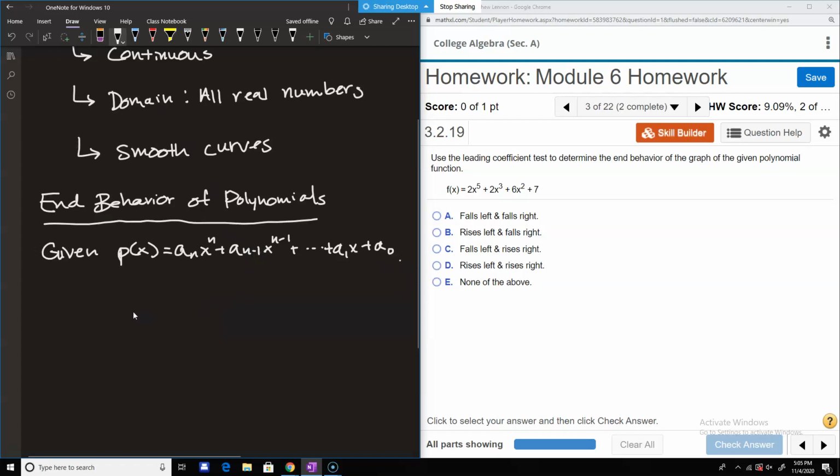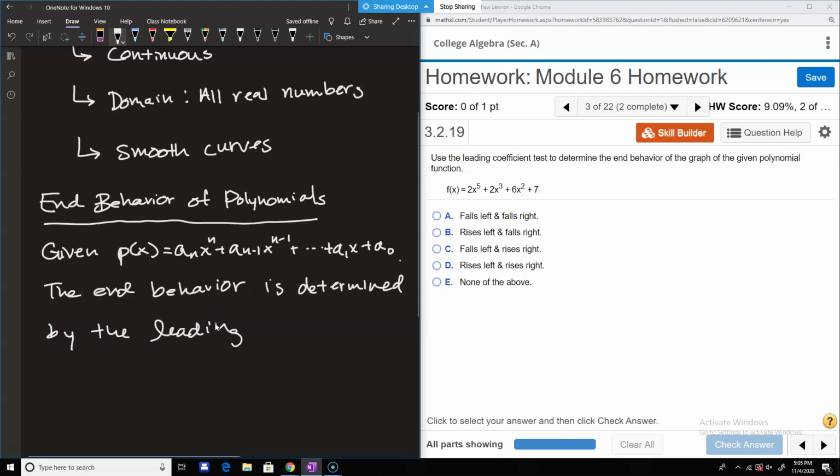So, the end behavior is determined by the leading term, which is a sub n times x to the n.